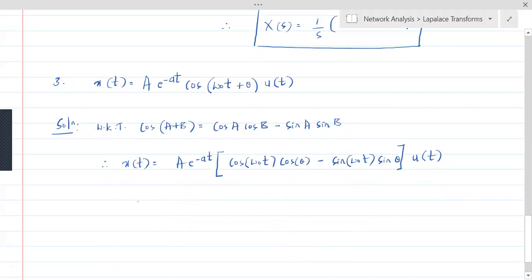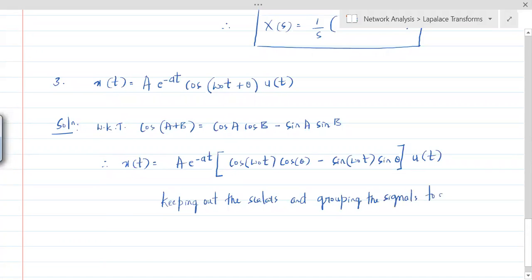So let's do this, keeping out the scalars and grouping the signals together. So this is what we are going to do. How does it look now?